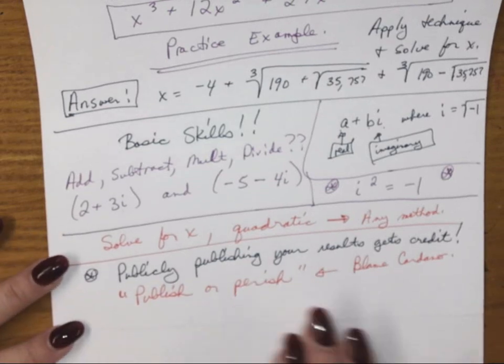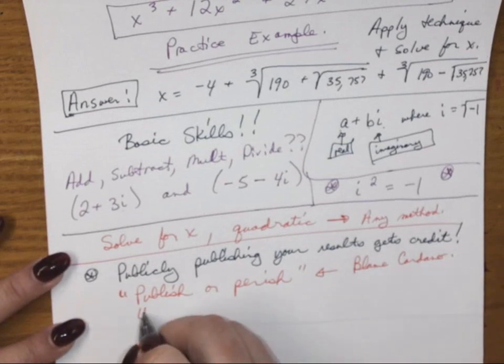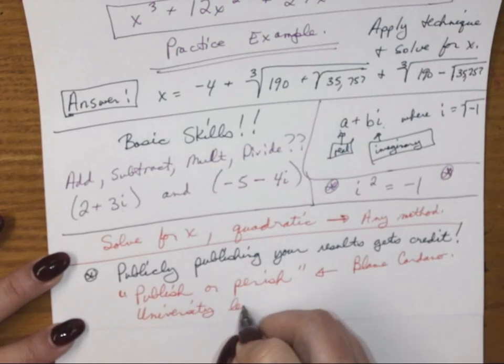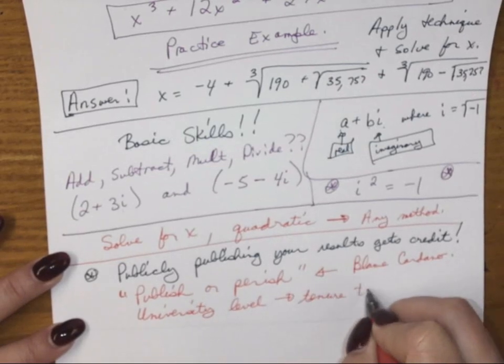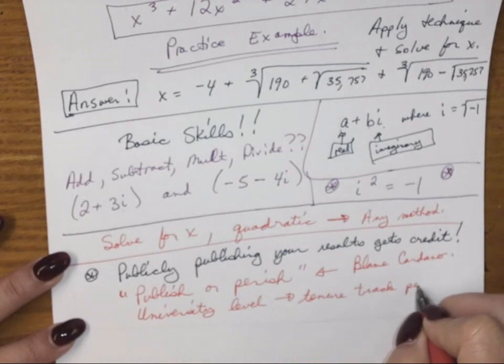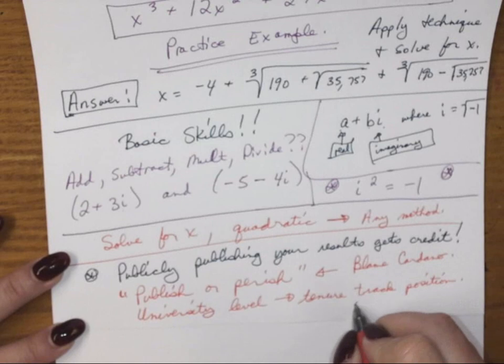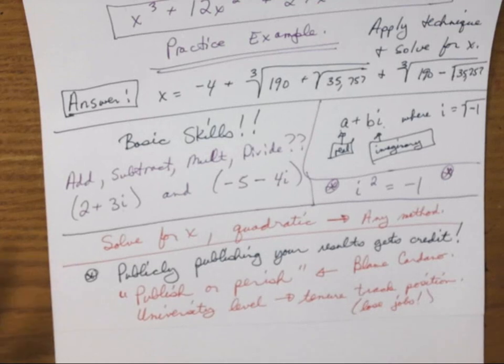So publish or perish. And they've taken it to such an extreme at the university level that if you're not publishing and you're in a tenure track position, you can perish, as in lose your job. Okay, it's kind of extreme.